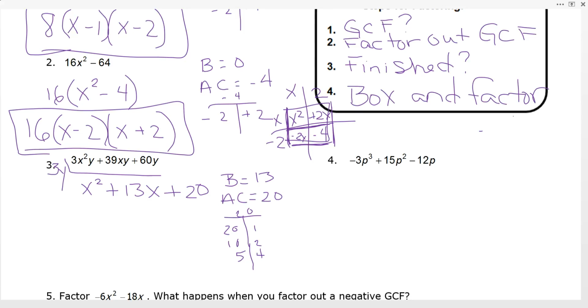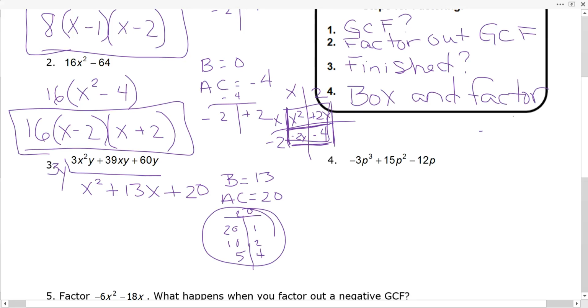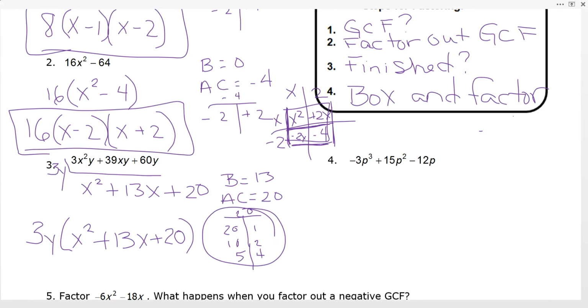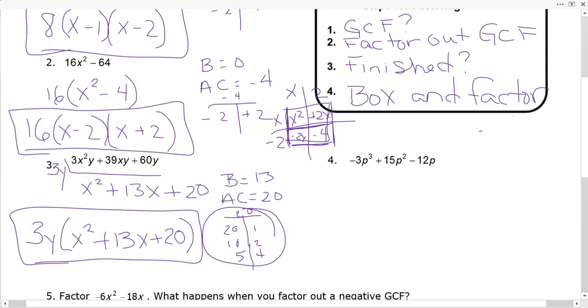I guess that means I'm done. If none of these work, then I guess my answer is prime, because I can't factor that because there's no sum and product, there's no magic numbers. There's no magic numbers for that one. So that would be my answer, which would be number 3 in our steps.